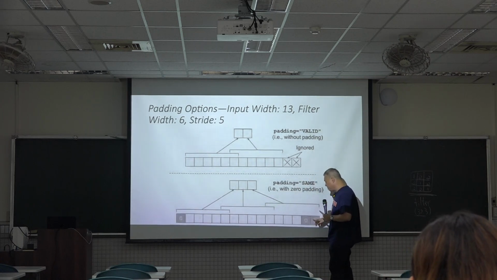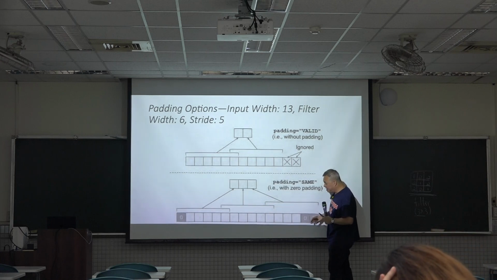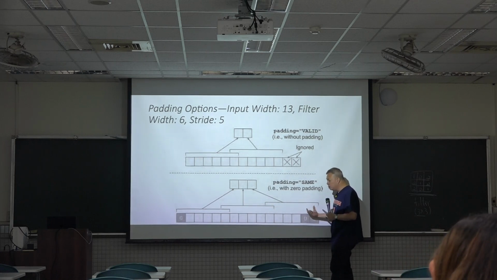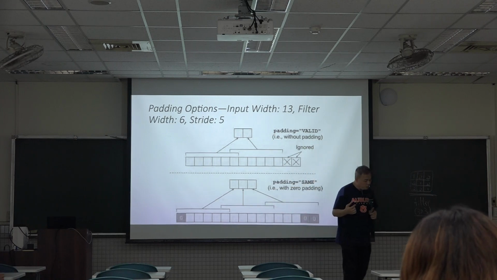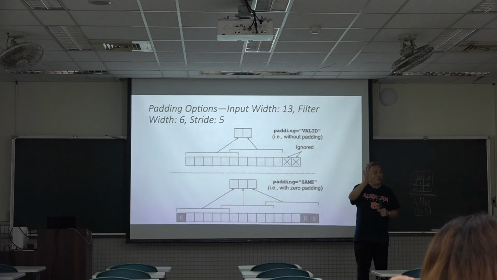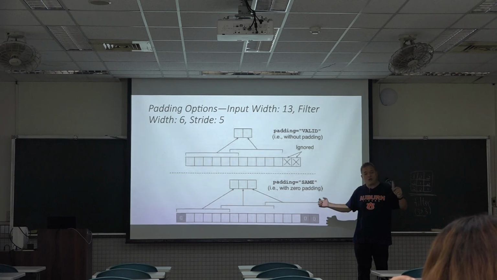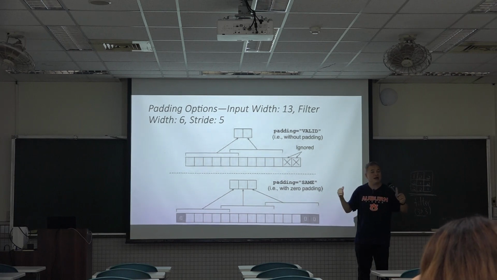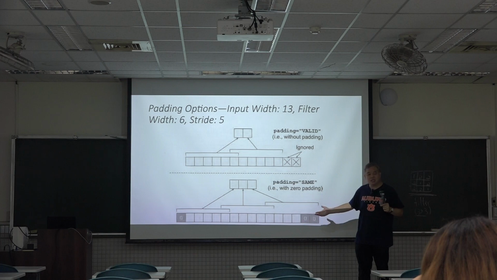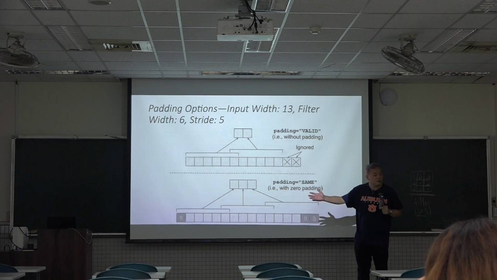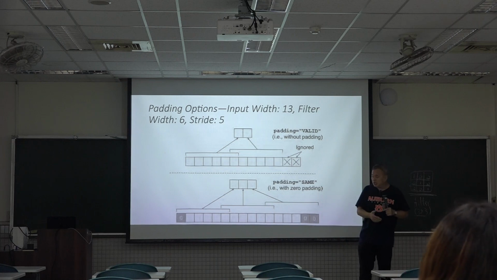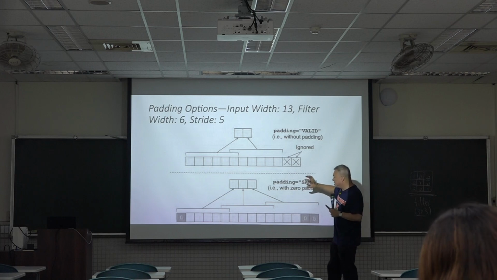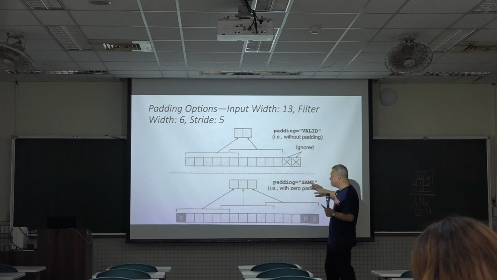So you can see that we do need to add 3 zeros. But we don't add the 3 zeros only on one side. We try to add them on 2 sides as evenly as possible. By the way, this is a one-dimensional example, but you get the idea. It can be used for 2 dimensions, obviously. And this is the case when we set the padding to be same.